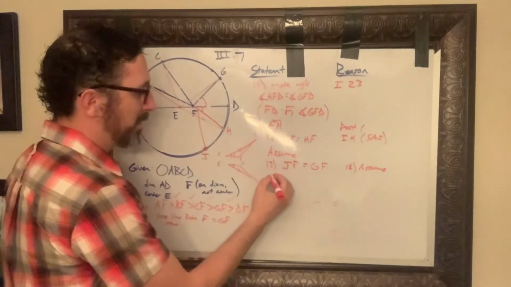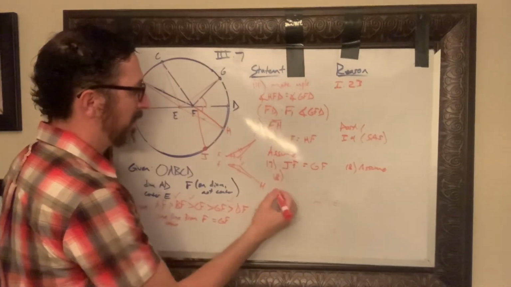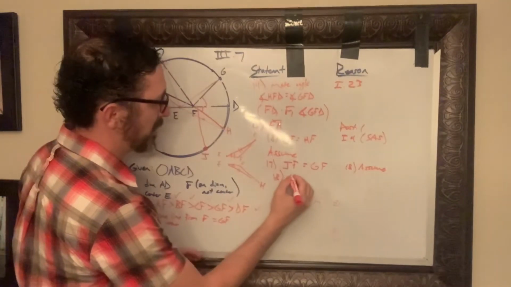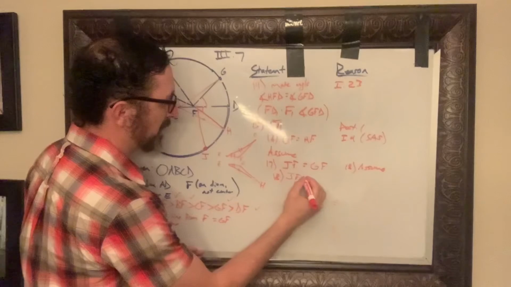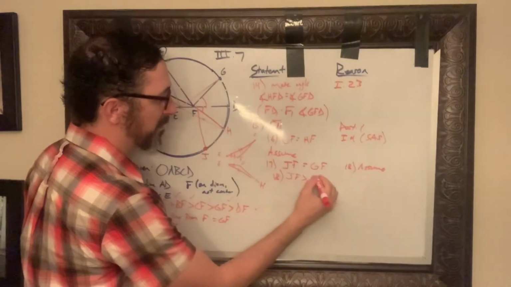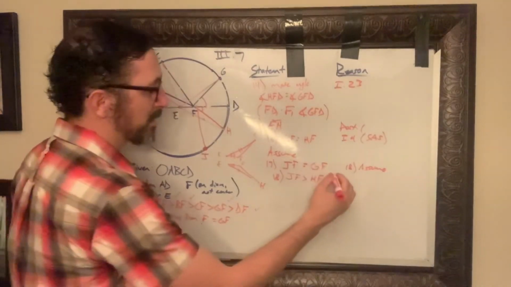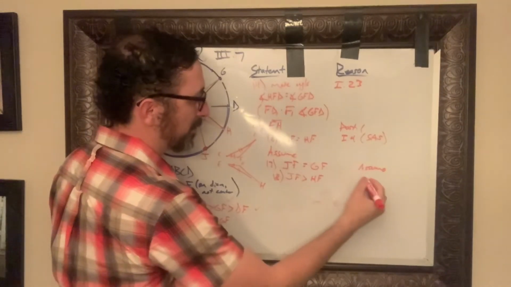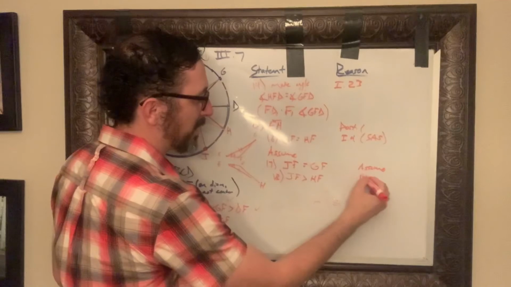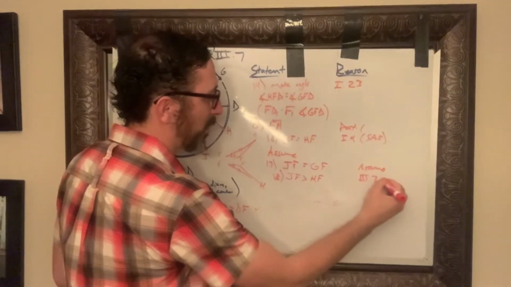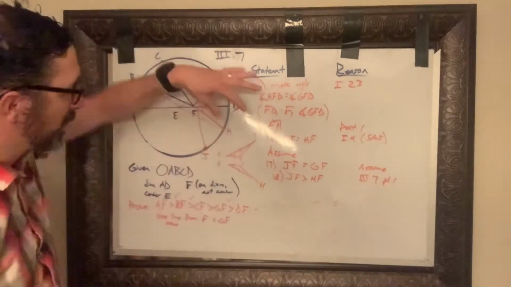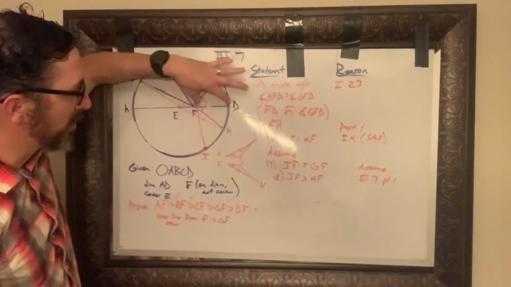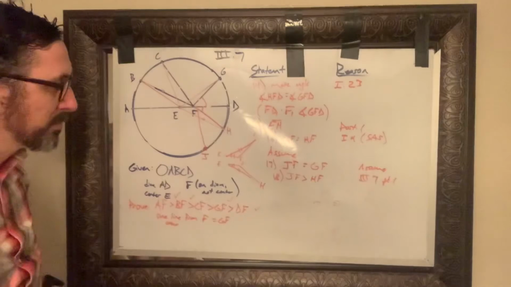Here's the problem. If that's true, that there is another line, I know that JF has to be bigger than HF, because of 3.7, the one I'm proving, part 1, which says the closer I get to this little length, the smaller the lines get. So this one's smaller than this one, which is smaller than this one.